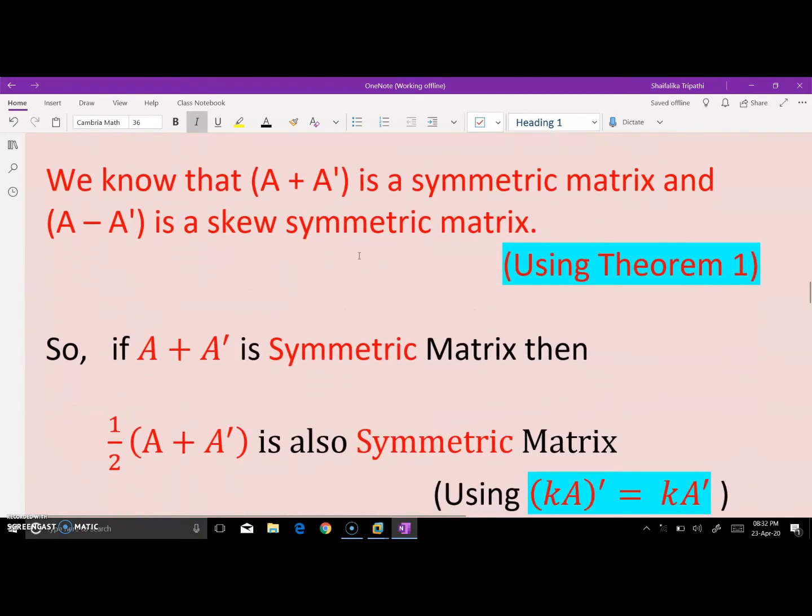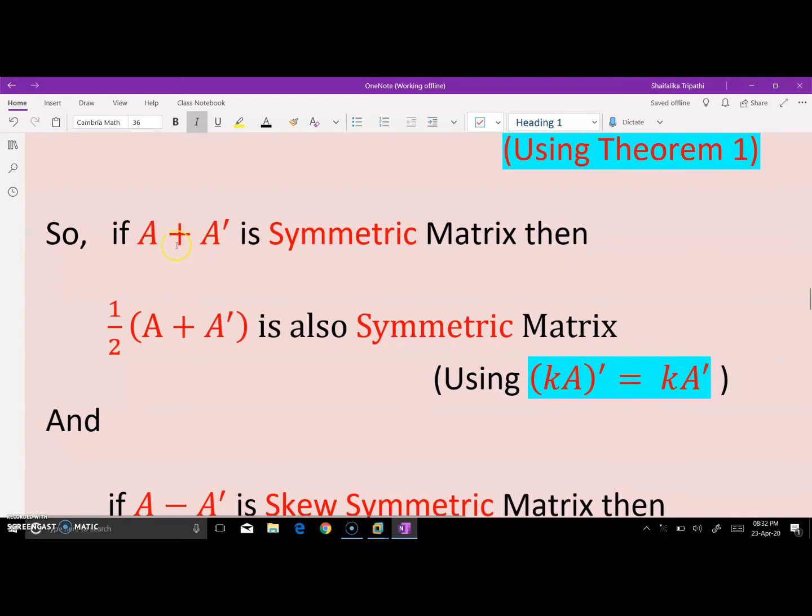Now if I am using the property, that if A plus A transpose is a symmetric matrix and we multiply this matrix with any scalar, the scalar remains as it is and the operation applies only on the other matrix. So this will remain symmetric and the scalar remains as it is, that is 1 by 2.